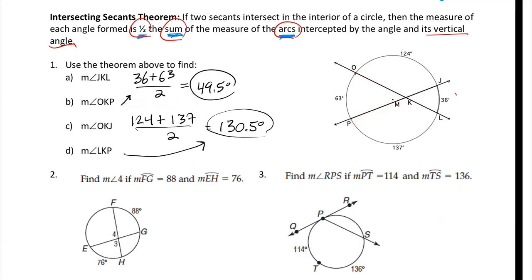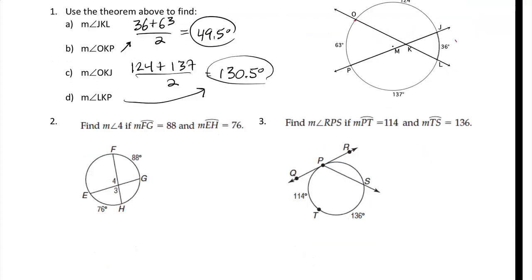To find OKJ, you're going to take the sum of the arcs that are formed by that angle and its vertical angle, this one and this one, and divide by 2. So that's what we get right there, 130.5, and LKP is going to be the same measure. And that is an example of the intersecting secants theorem, secants that intersect.